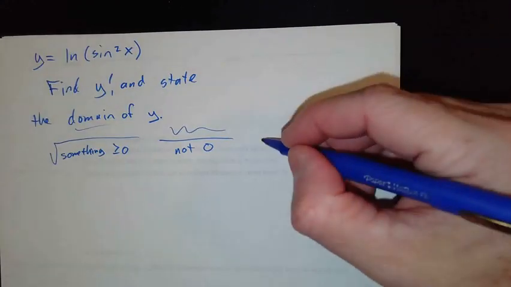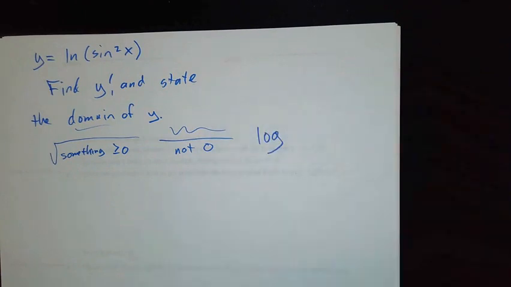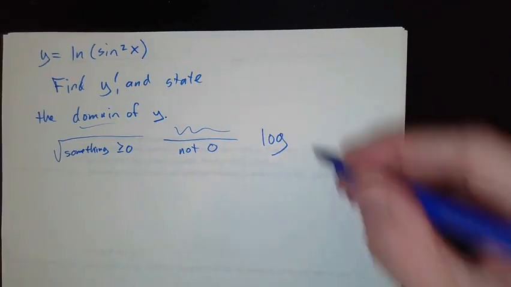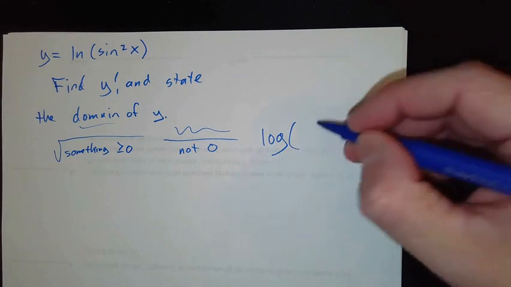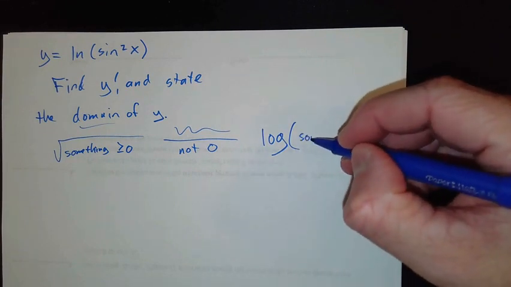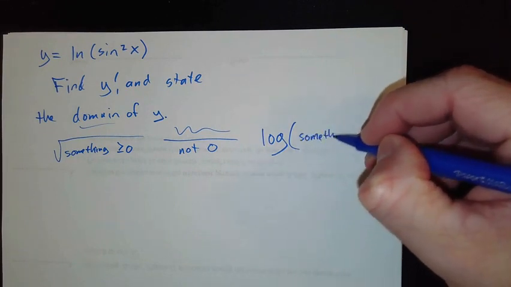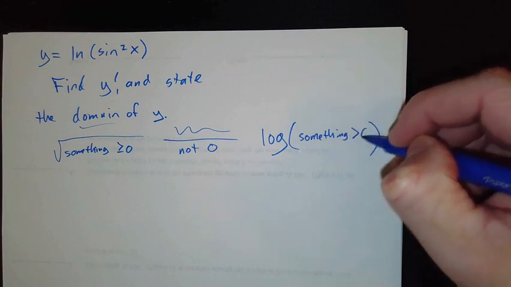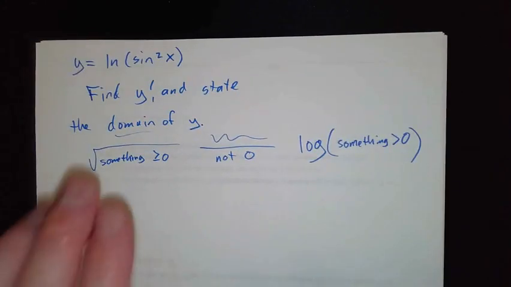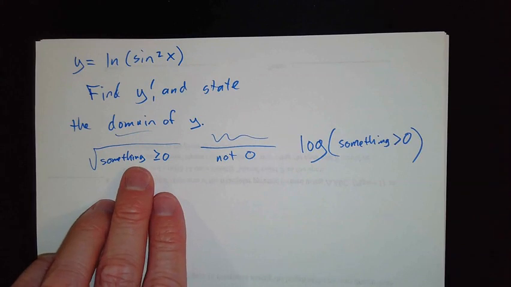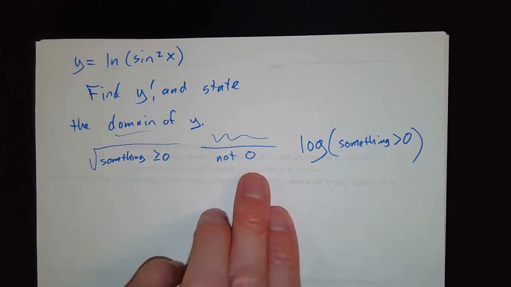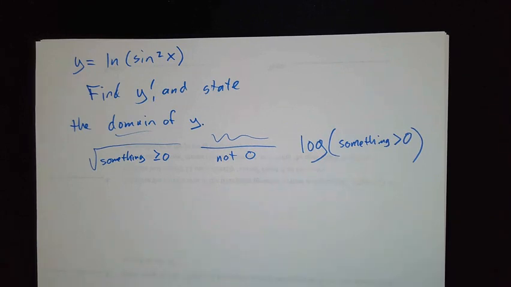And then finally, if we're doing a log, and that's what comes into play for the problem that we're doing right now, when we do a log, we just have to make sure that the something inside of here is greater than 0. So square root has to be positive or 0, can't divide by 0. And when we do the log of something, we have to make sure that we are not doing the log of a negative number.